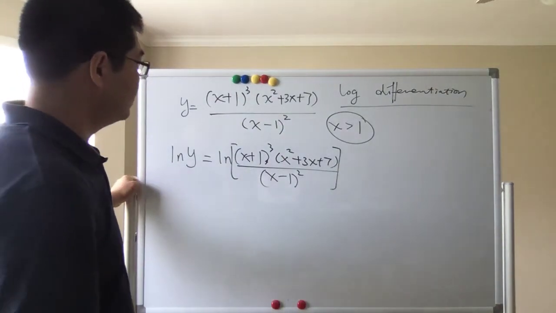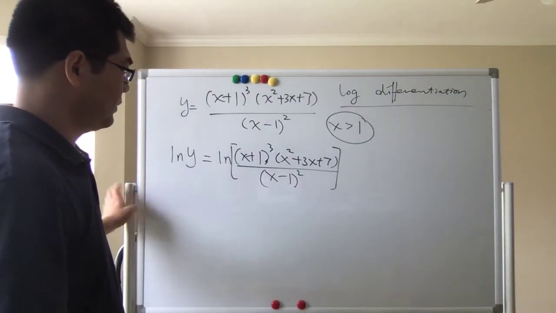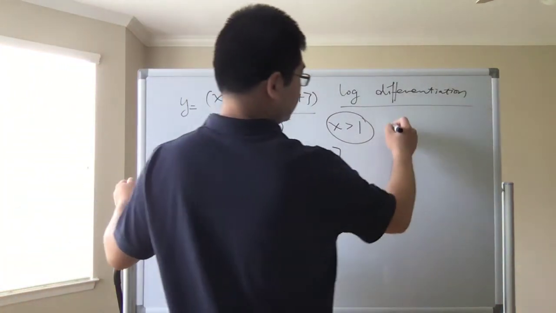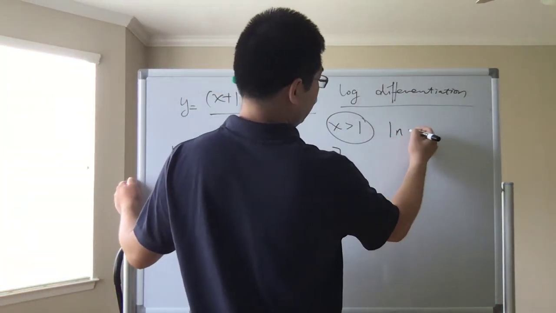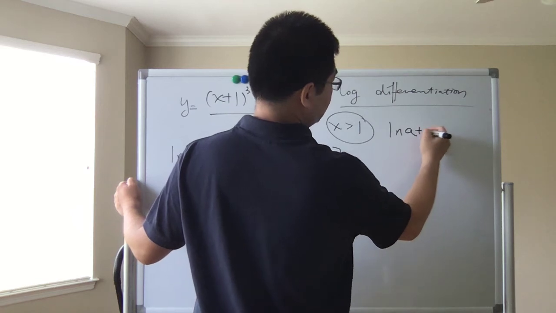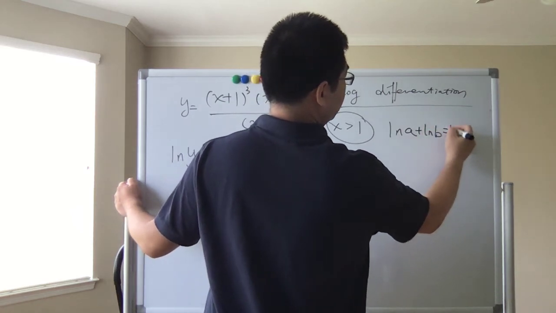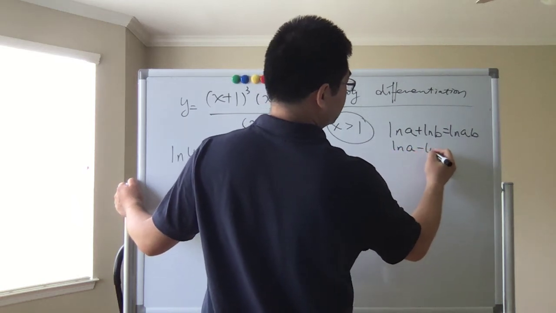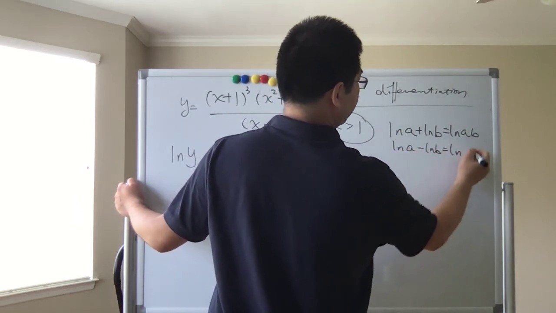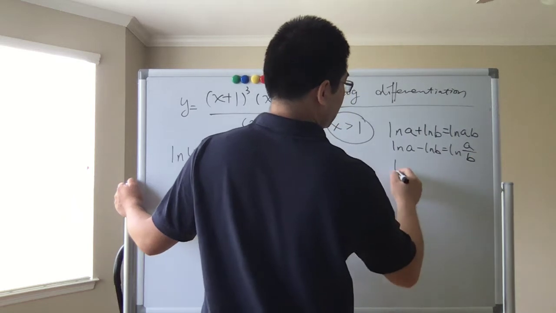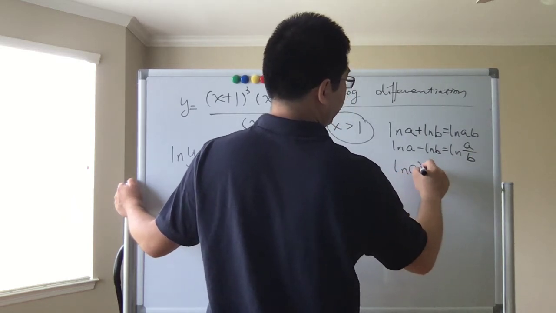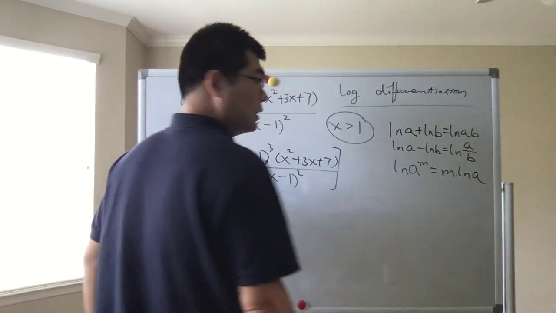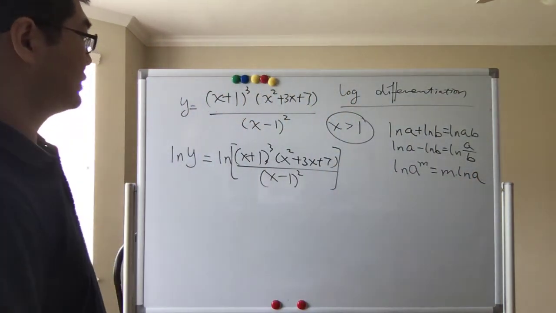Now, some of you might still remember there are several properties about the logarithm. ln A plus ln B gives you ln of AB. ln A minus ln B equals ln of A over B. ln of A to the power of M equals M times ln A. Those are the three very basic ones.